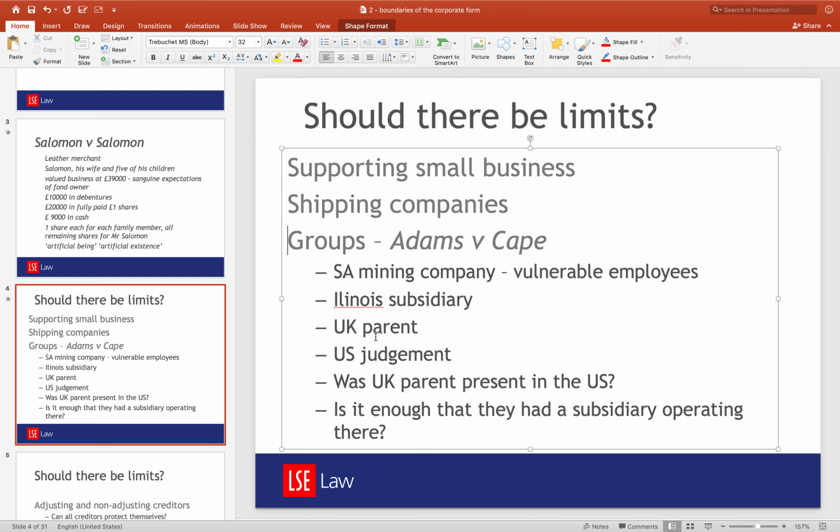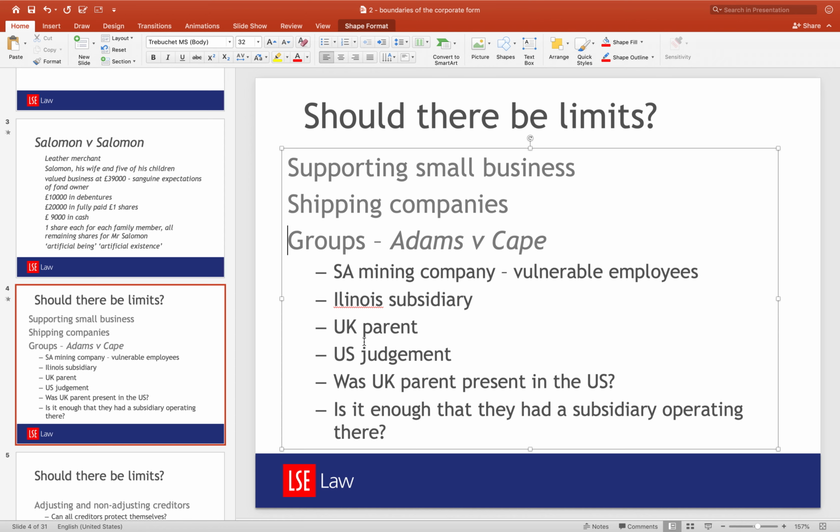The miner himself and his co-claimants were successful in obtaining a judgment against the parent company in the United States, and the court in Texas concluded that the UK parent is liable to pay for damage suffered by a miner in South Africa who was employed by the South African mining company.